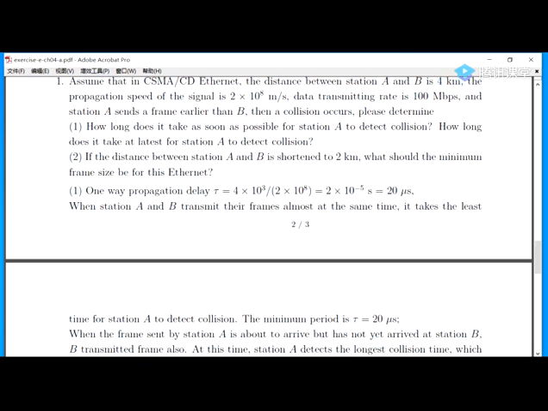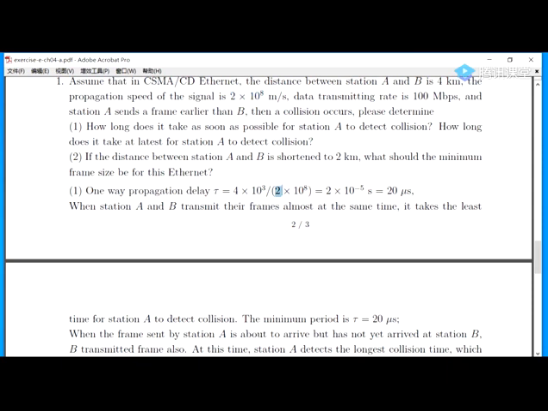So the one-way propagation delay, denoted by tau, is 4 times 1000 meters divided by the speed of the signal, 2 times 10^8.